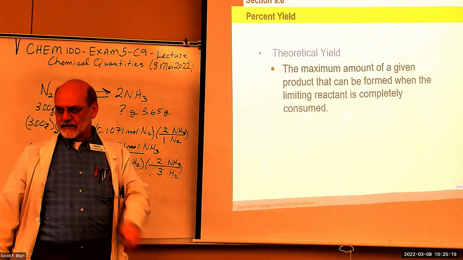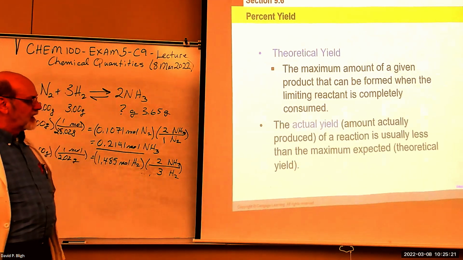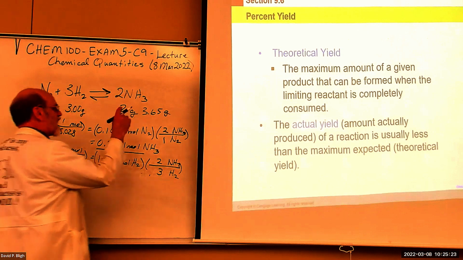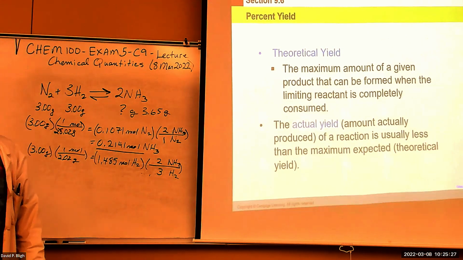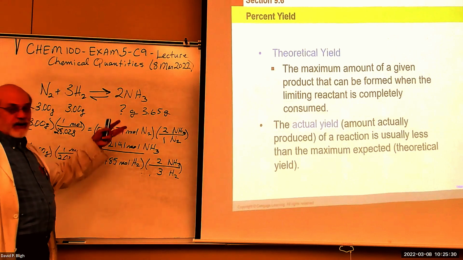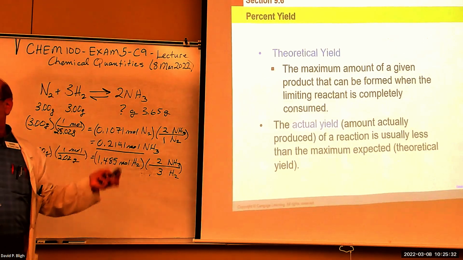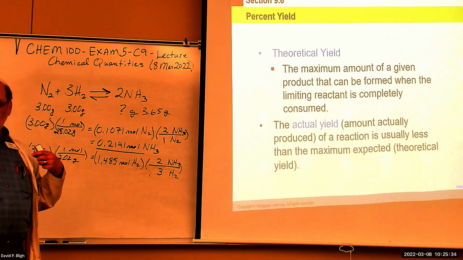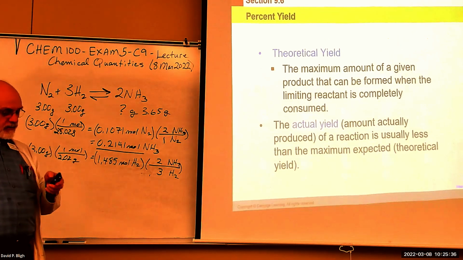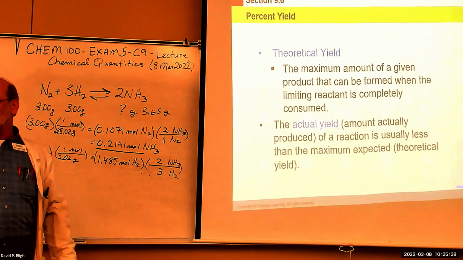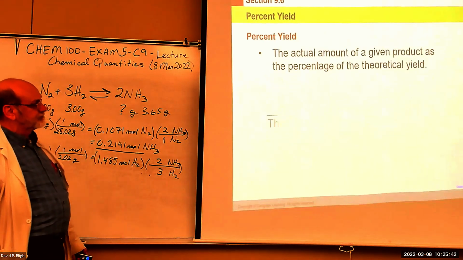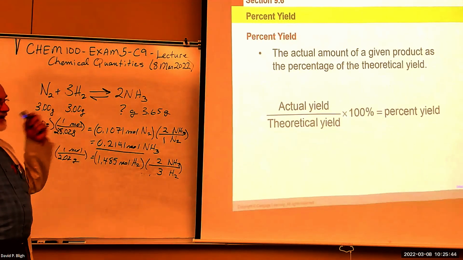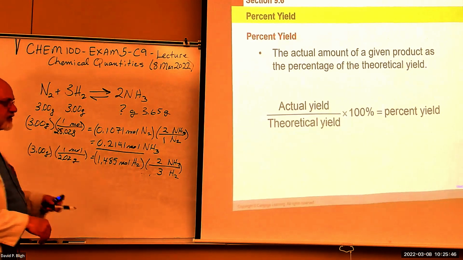The actual yield is what you actually measure as your product. Then you compare them. In fact, you just ratio them. You put the actual on top, the theoretical on the bottom, divide them and multiply by 100, and you get percent yield. Just like that. Simple, simple.